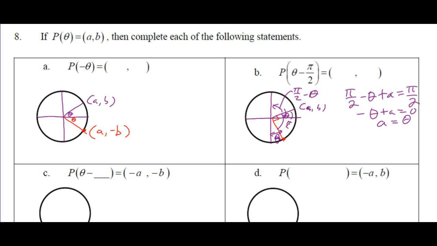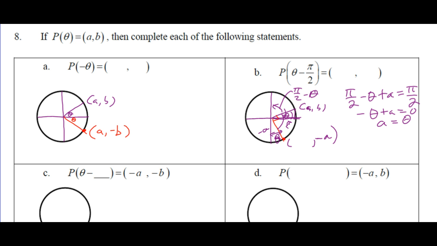Let's take a look at this angle. Adjacent to angle theta is side a. Here's angle theta, and the adjacent side is a, but it's going down, so the negative a goes here.